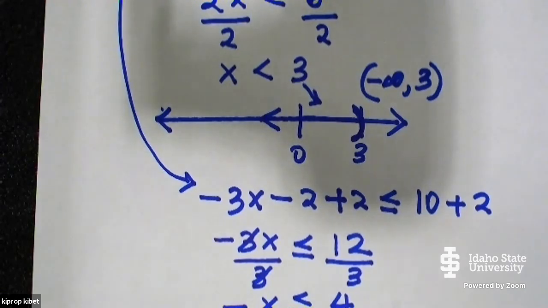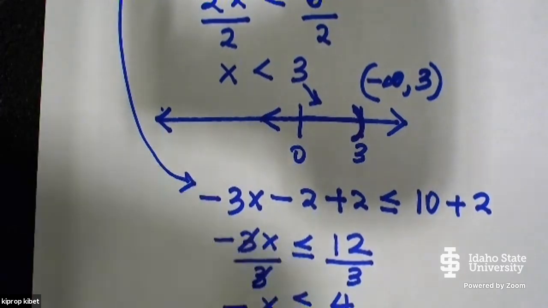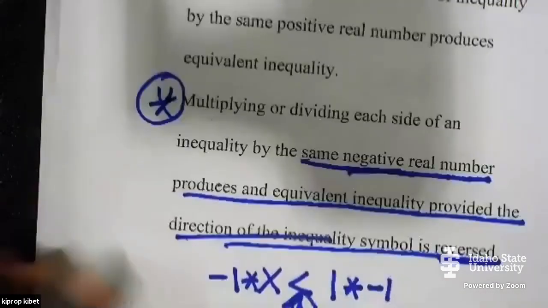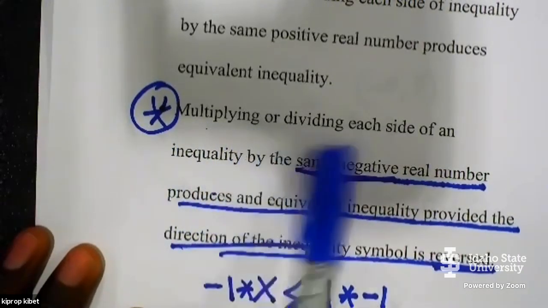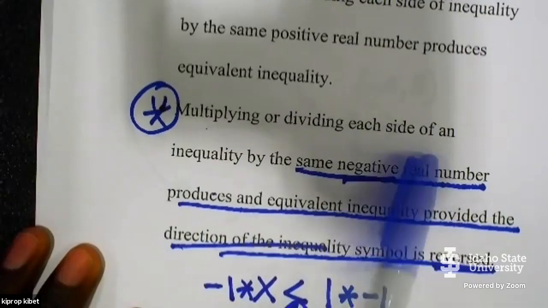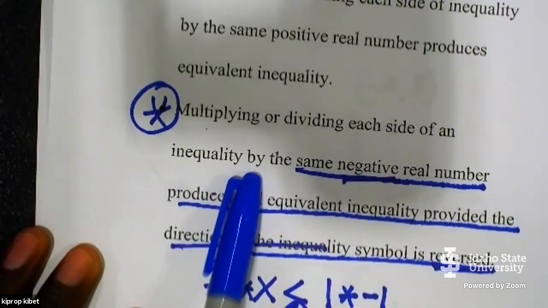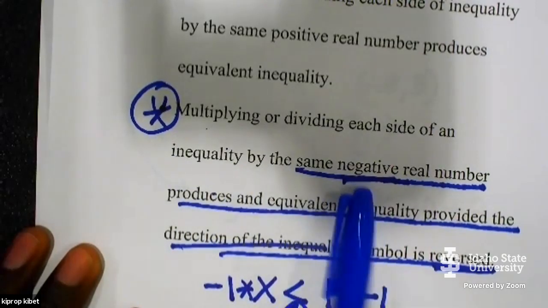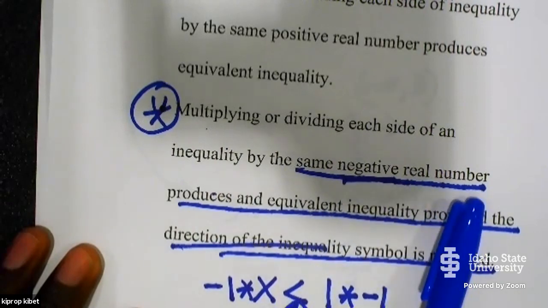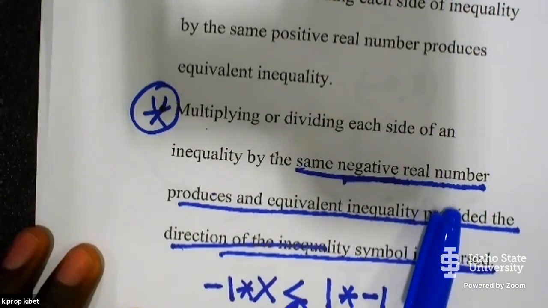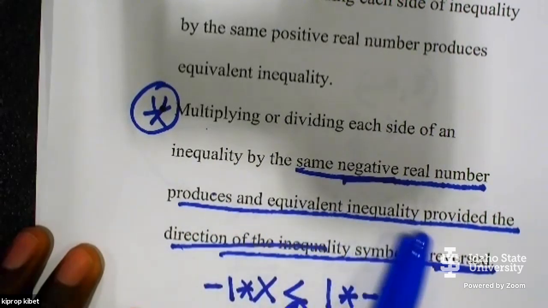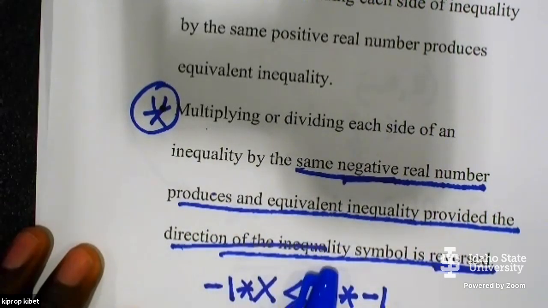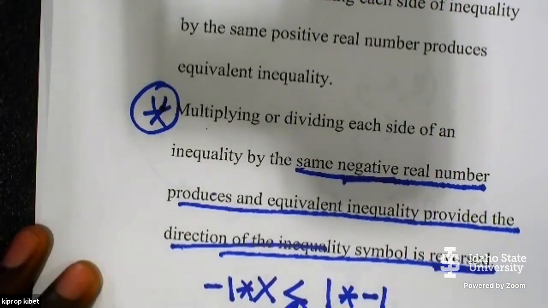Okay, read again the statement. So the statement says, multiplying or dividing each side of an inequality by the same negative real number produces an equivalent inequality, provided the direction of the inequality symbol is reversed.